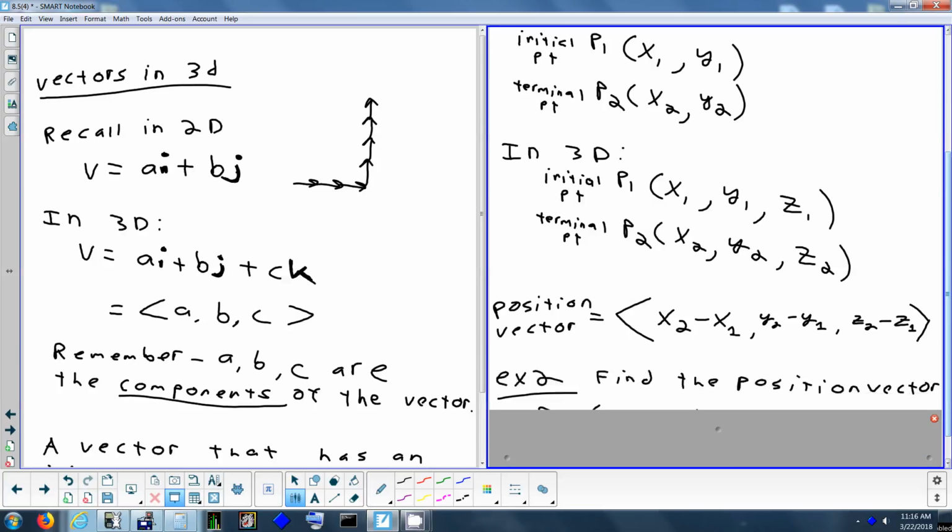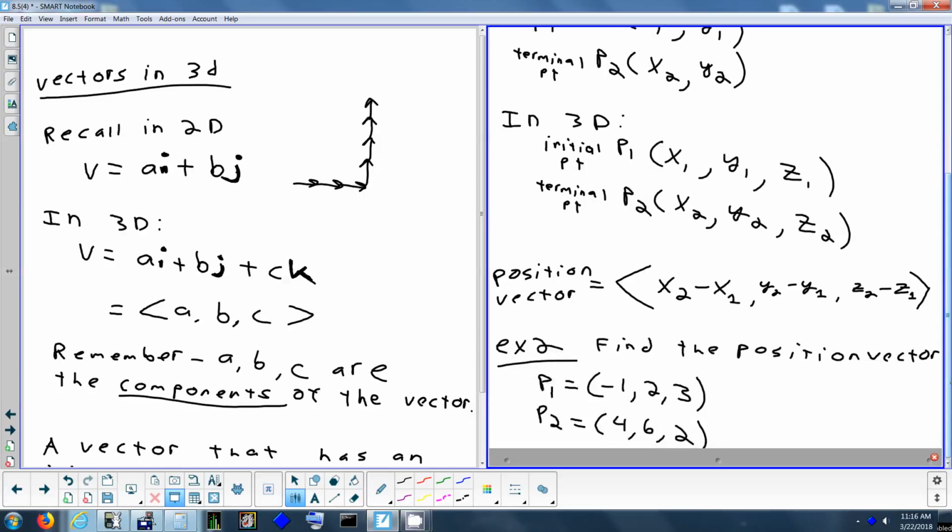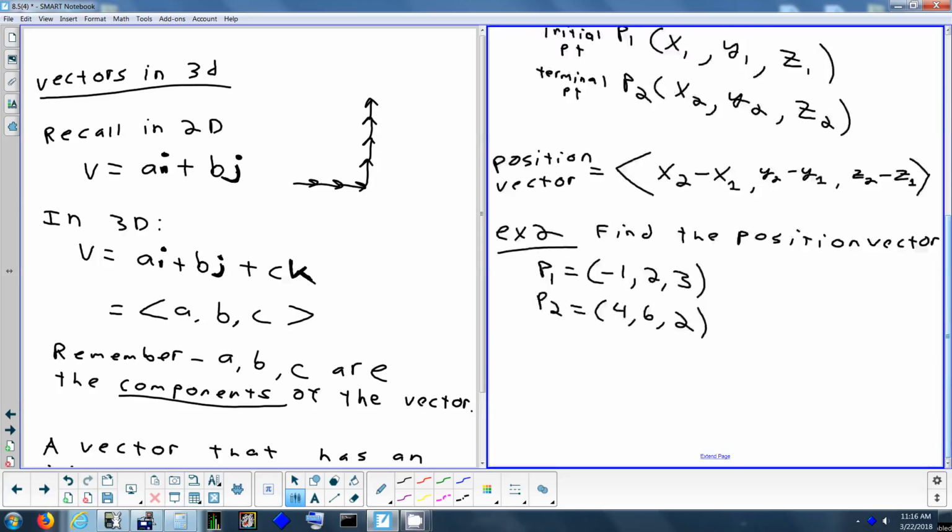Okay, so we'll try an example of finding a position vector, then I'll go back to the page that I skipped on distance. Let's find the position vector between P1 and P2. P1 is negative 1, 2, 3. P2 is 4, 6, 2.